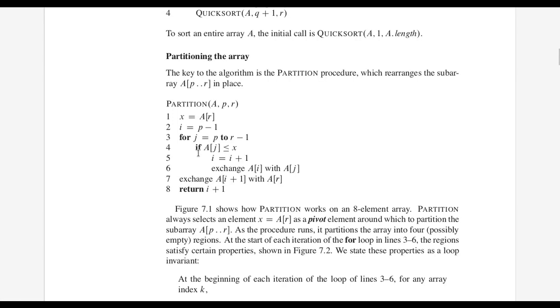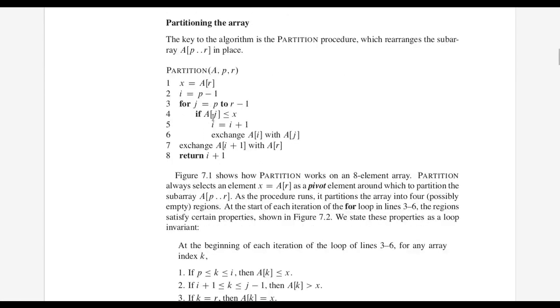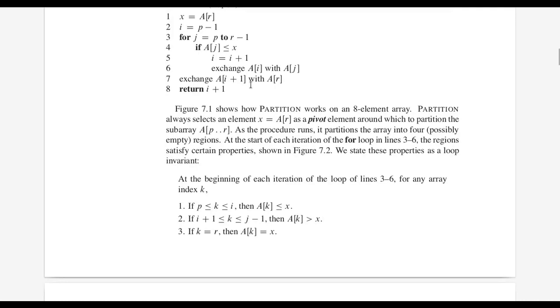The left subarray contains elements which are smaller than the pivot, and the right subarray contains elements which are greater than the pivot. So today we'll learn how to partition an array without tracing the partition algorithm line by line.